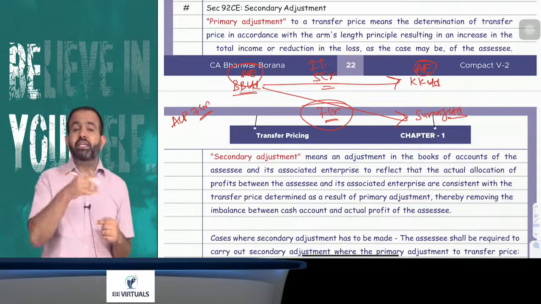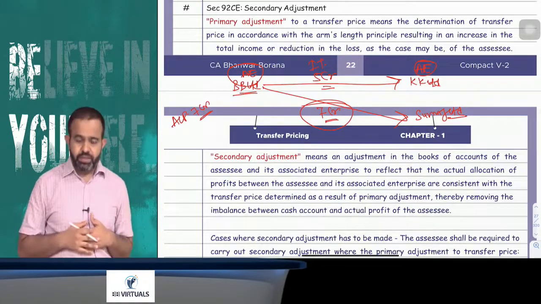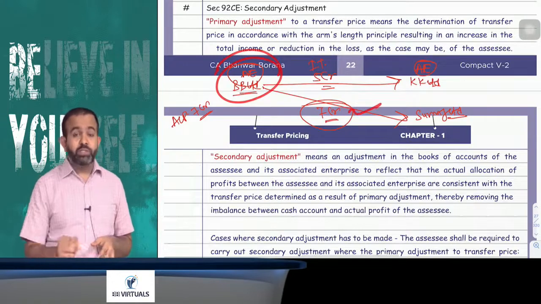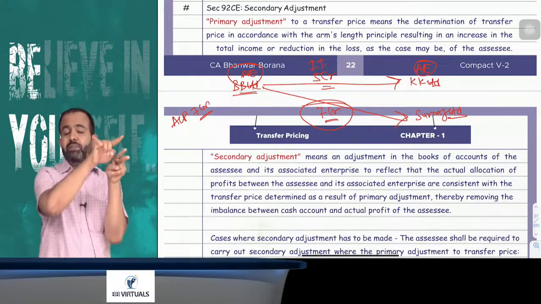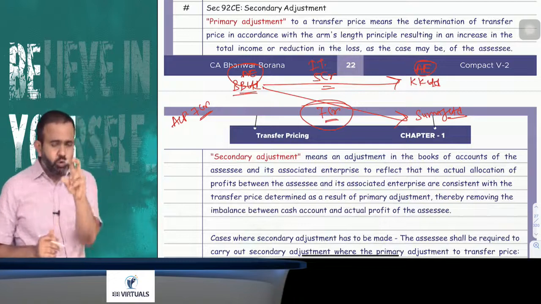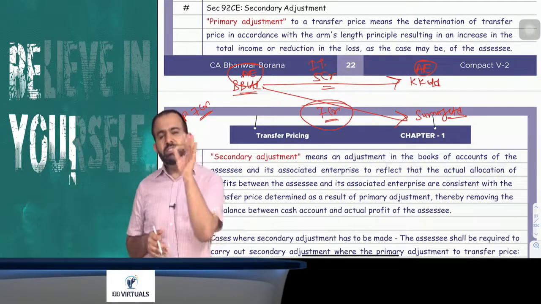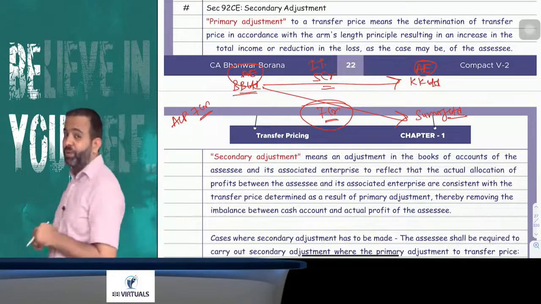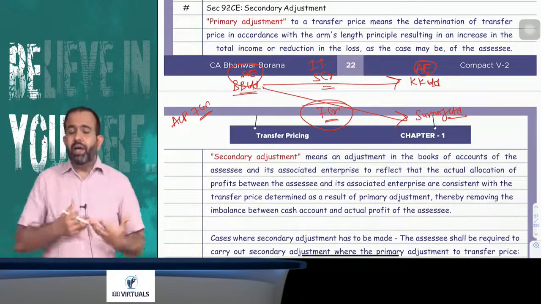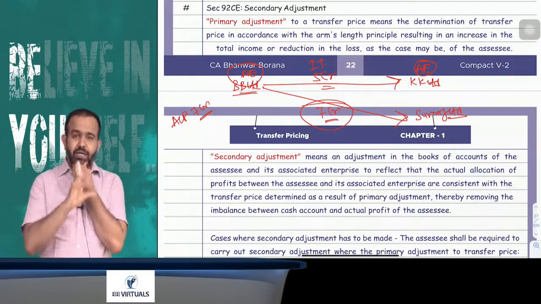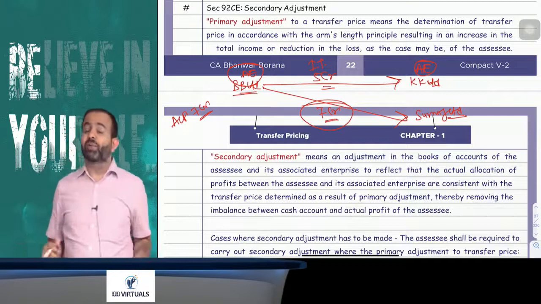Obviously in our income 2 crore rupees will be added, means in the income of BB Limited, the difference between arm's length price and actual transaction price. That 2 crore will be added to our income due to the arm's length price. Now this is known as the primary adjustment. Means when you add the difference between arm's length price and actual transaction price to your income, that is called your primary adjustment.